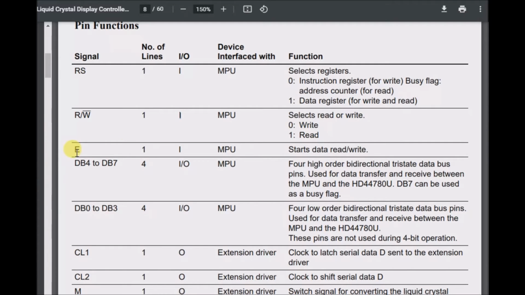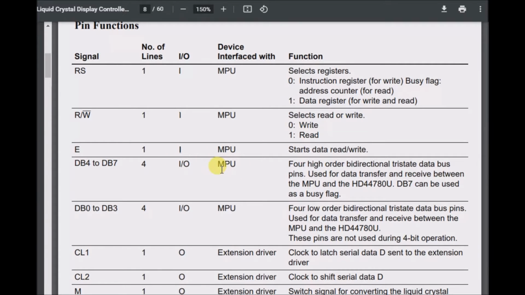The enable pin, number of lines 1, input, device interfaced with MPU, starts data read/write. DB4 to DB7, number of lines 4, input output, both.